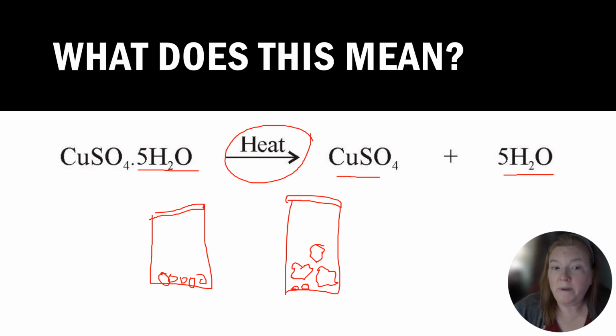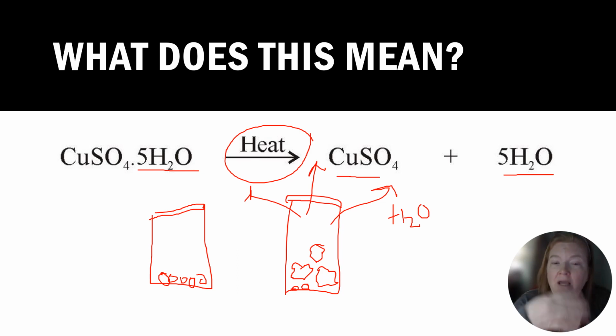And when we opened the bag, you saw something leave. What left? Water. Okay, so in a similar way, we could put it in a container, typically a crucible, and heat it over a Bunsen burner. The water would evaporate and it would leave the other part of the hydrate behind.